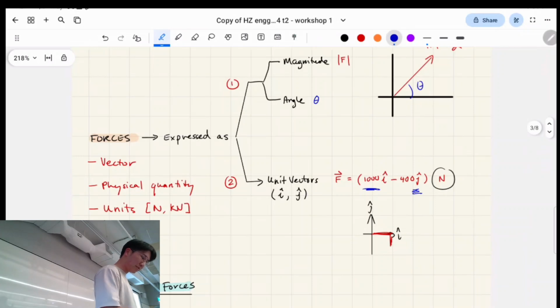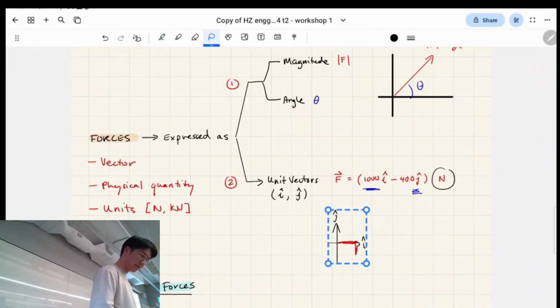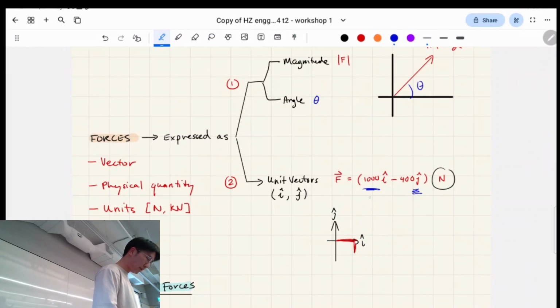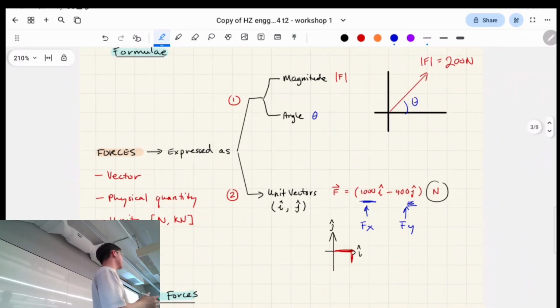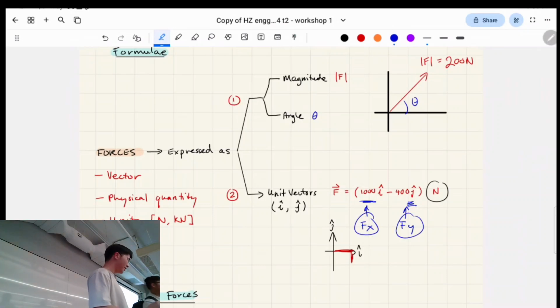Okay, let's talk about force components quickly. Basically, if we're working with a 2D coordinate system that's based on the XY plane, we can break this diagonal force vector down into its horizontal component and its vertical component.